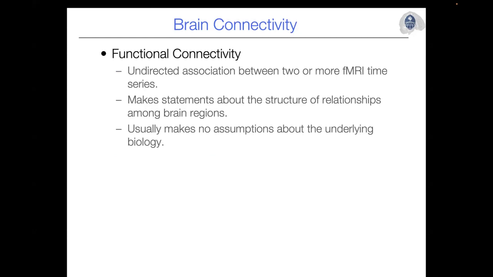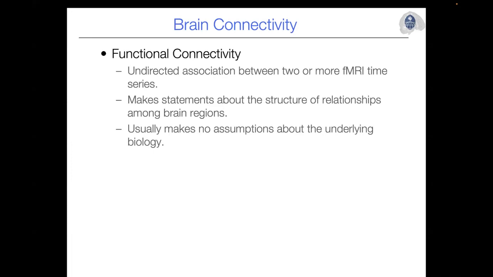In general, when we talk about connectivity in the brain, we generally talk about two different types. One is called functional connectivity, and the other is called effective connectivity. Functional connectivity is defined as the undirected association between two or more fMRI time series. This makes statements about the structure of relationships among brain regions.